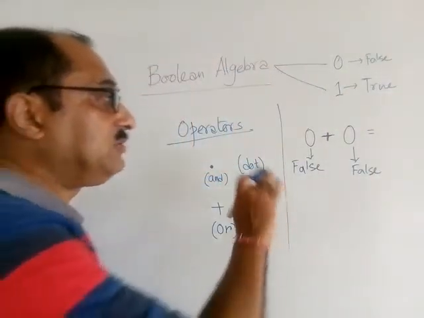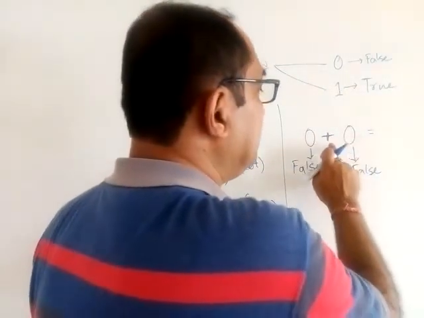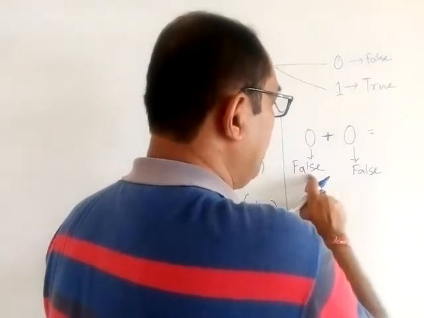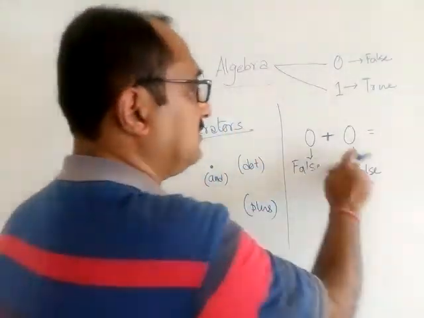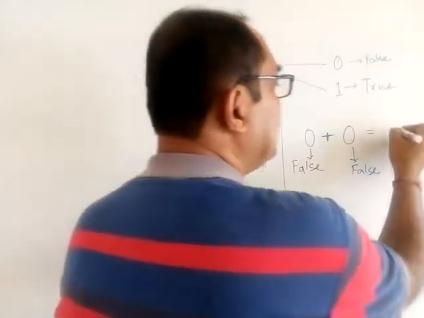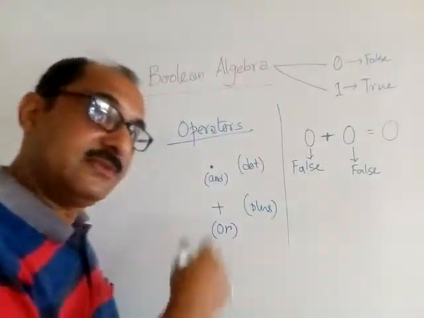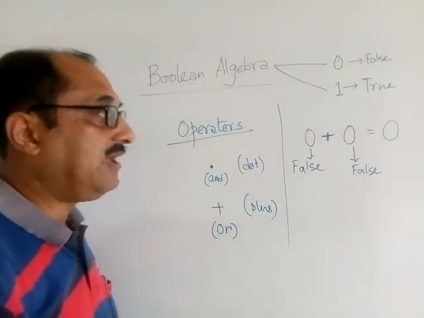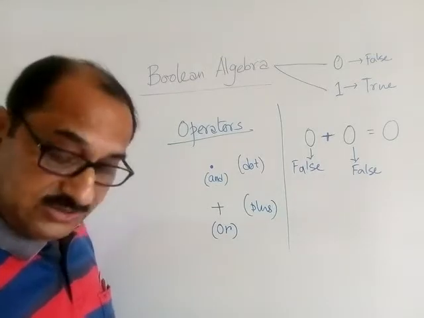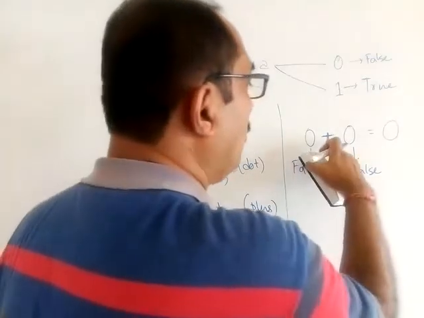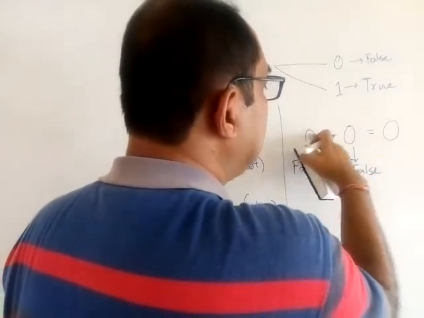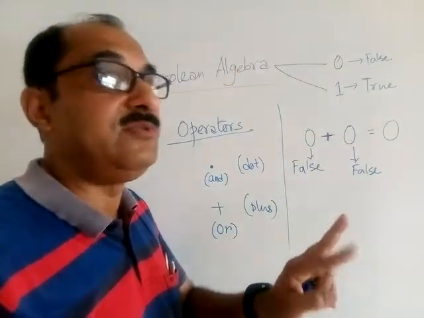So if you are adding 0 or 0, false or false, this will result in 0. Why? Because the rule says that when you are joining by OR, at least one of them has to be 1.